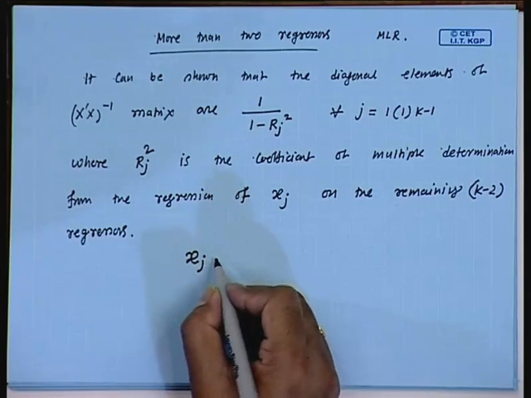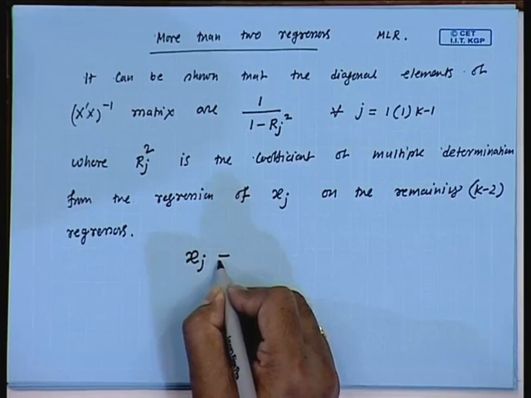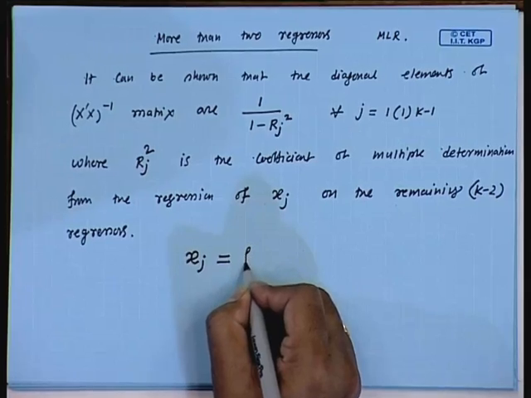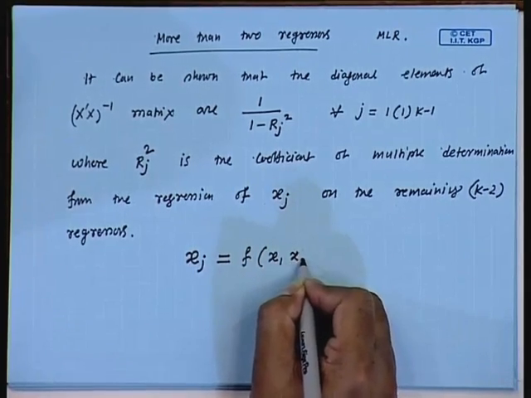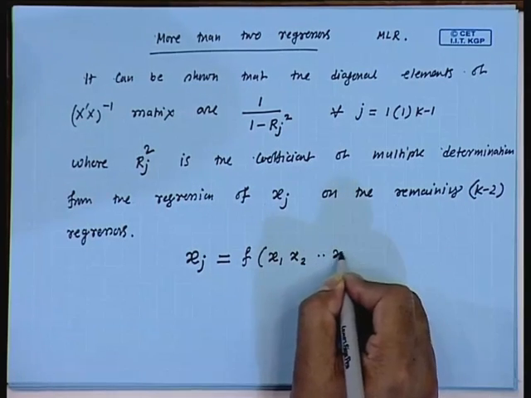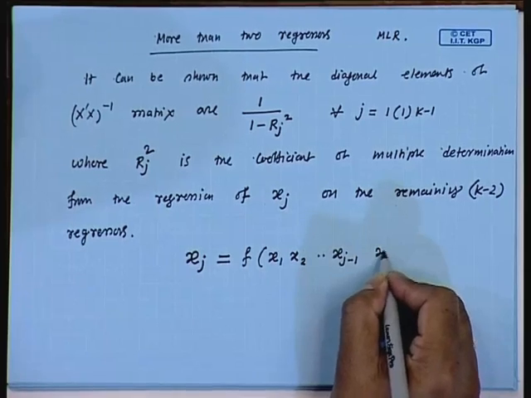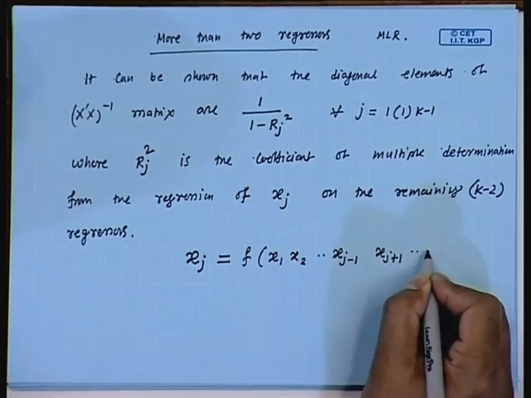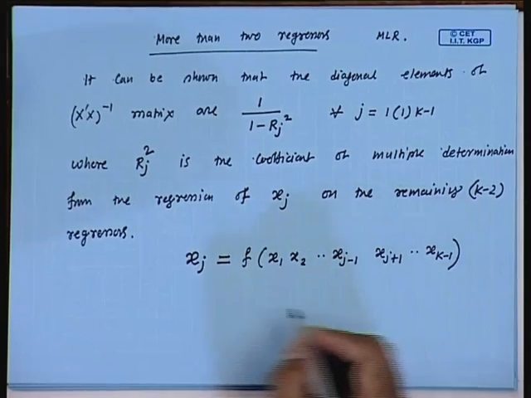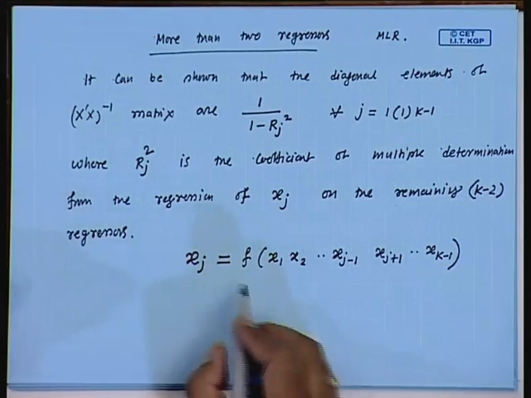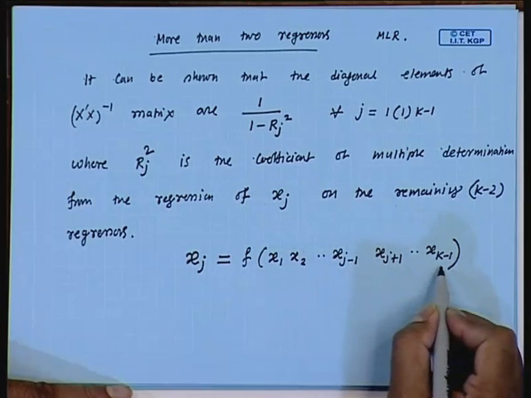So here xj you express in terms of the remaining regressors, say x1, x2, xj minus 1, xj plus 1, xk minus 1. So here the model is trying to express xj in terms of the remaining regressors.